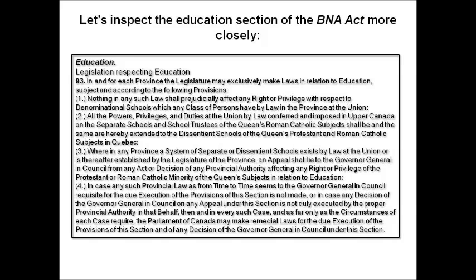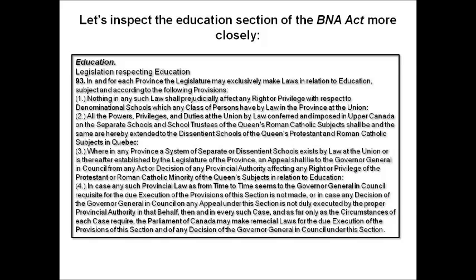Where in any province a system of separate or dissentient schools exists by law at the Union or is thereafter established by the legislature of the province, an appeal shall lie to the Governor-General in Council from any act or decision of any provincial authority affecting any right or privilege of the Protestant or Roman Catholic minority of the Queen's subjects in relation to education.